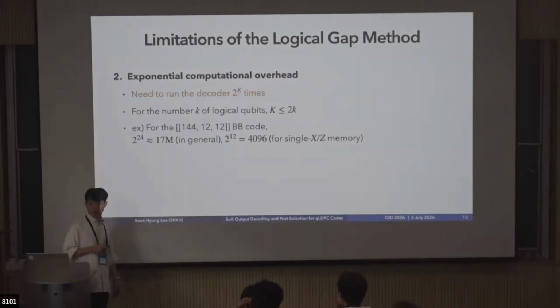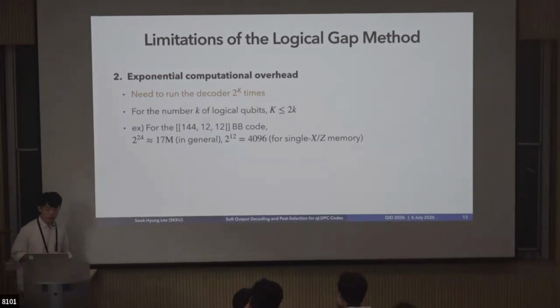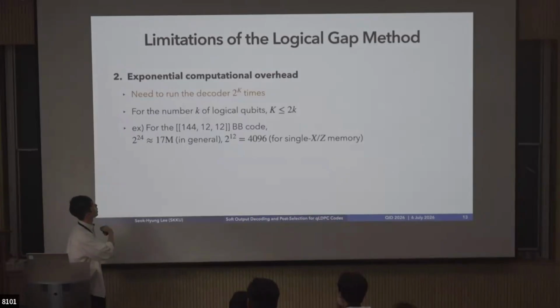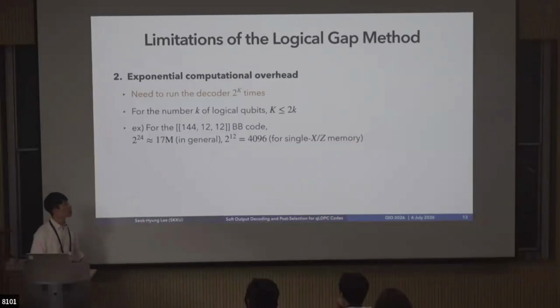The second one is, of course, the exponential computational cost. We need to run the decoder 2 to the K times, where this large K is the number of logical qubits here. So in general, it can be at most 2K, considering both X and Z Paulis.